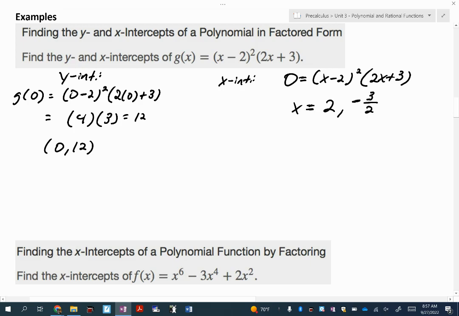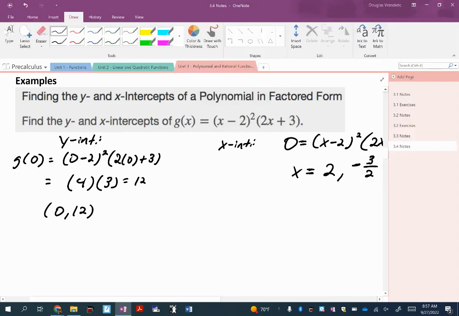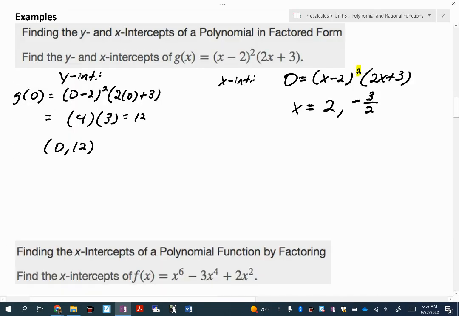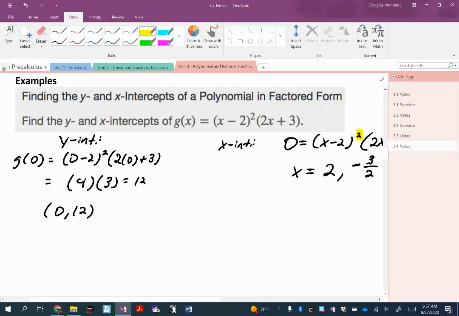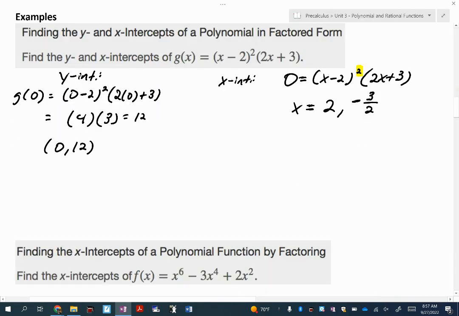Now, you're not going to need to know it just yet, we'll get to it later on in the lesson, but that x minus 2 raised to the second power is going to be important. That's what we call a double root, or it has a multiplicity of 2. And that's going to mean something when we go to sketch this graph. But for now, we just need to put that the x-intercepts are 2, 0, and negative 3/2, comma 0.